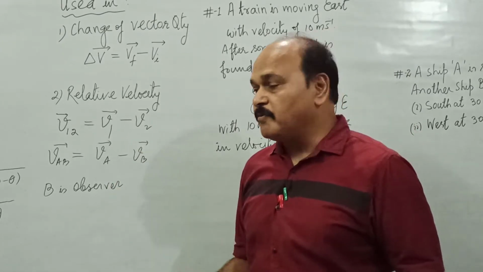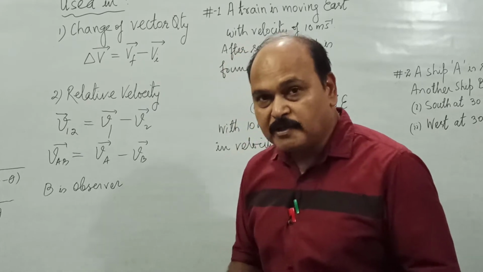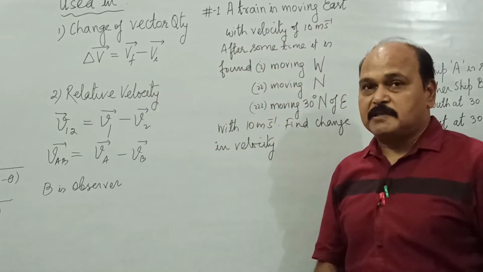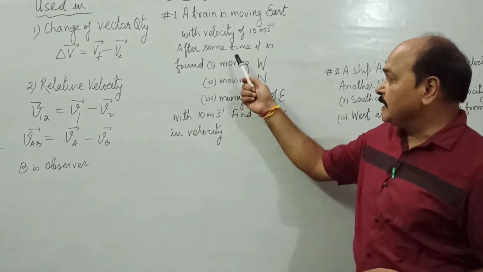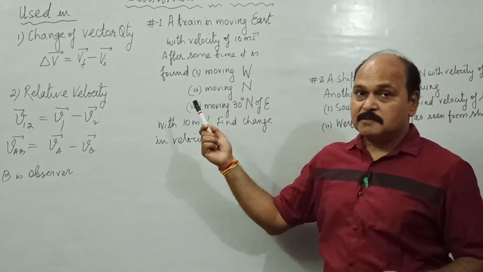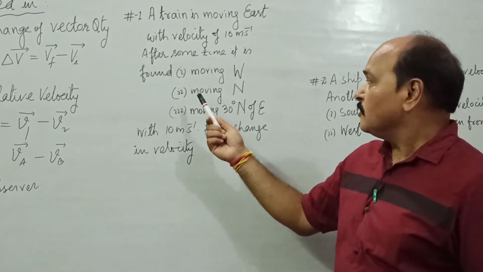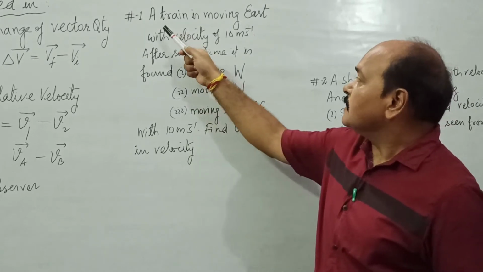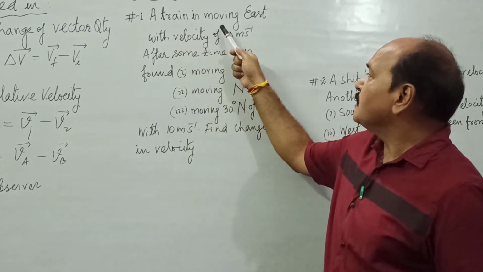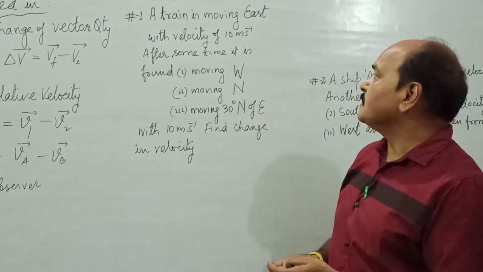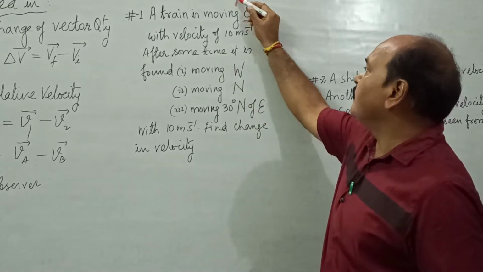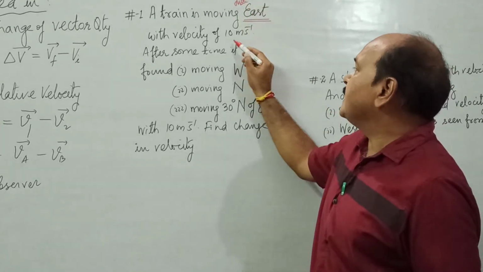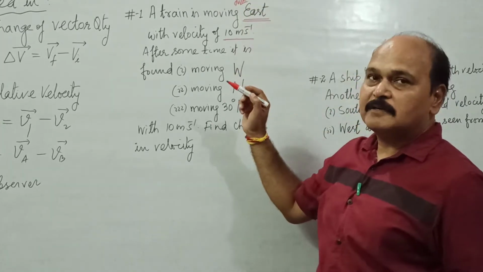Now let's straightaway move on to some numericals where we are going to use vector subtraction. Question number 1 consists of 3 different questions together. The question reads: a train is moving due east with a velocity of 10 meter per second.